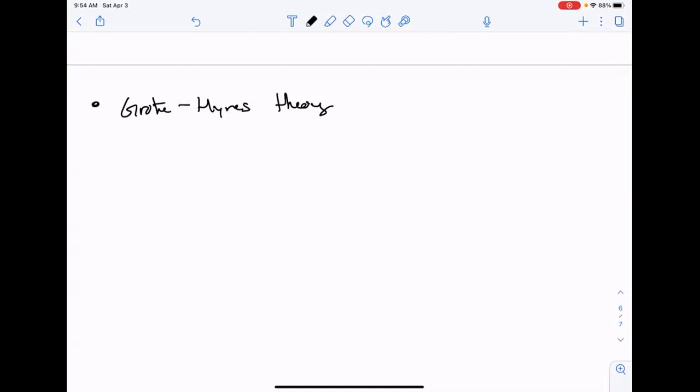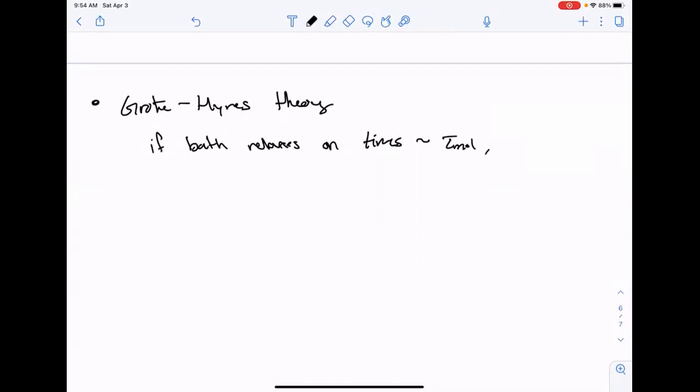So if the bath relaxes on times similar to tau mol, which remember, we assume tau mol is quite small, then a non-Markovian theory for the dynamics at the top of the barrier may be necessary.